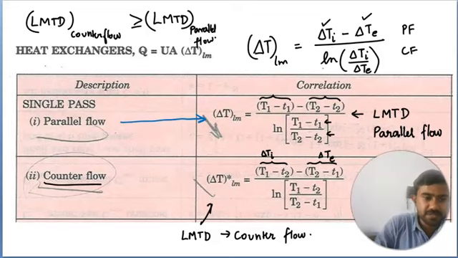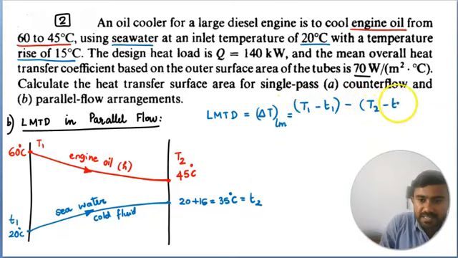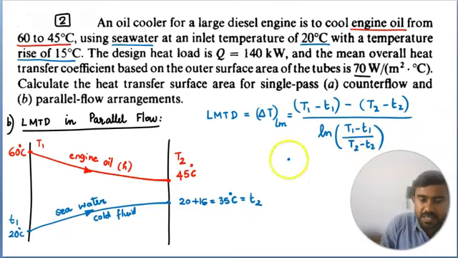Let's write the expression: (T1 minus t1 minus (T2 minus t2)) divided by log of (T1 minus t1) by (T2 minus t2). And these are nothing but the inlet temperature difference and the outlet temperature difference.